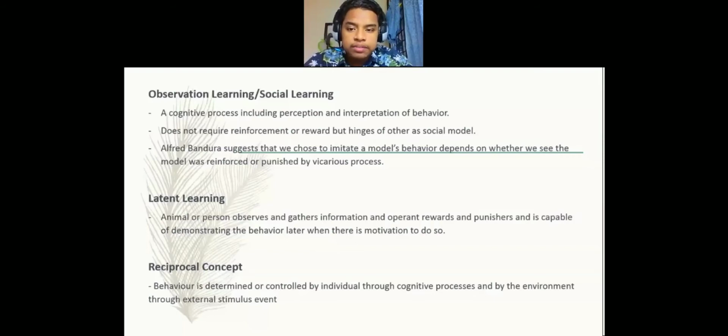And then we also have latent learning. An animal or person observes and gathers information, and is offered rewards and punishments, and is capable of demonstrating the behavior later when there is motivation to do so. For this latent learning, don't get confused. Just like you follow your father mowing the lawn at the back of the house, and then he gives you a toy exactly the same as the mower your father used.